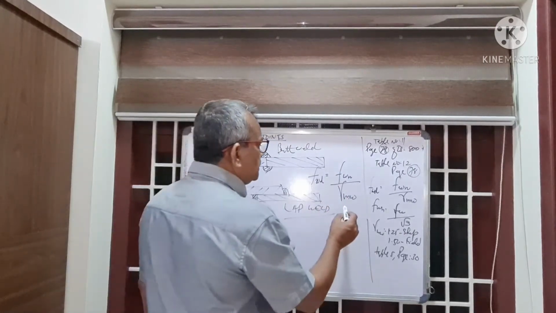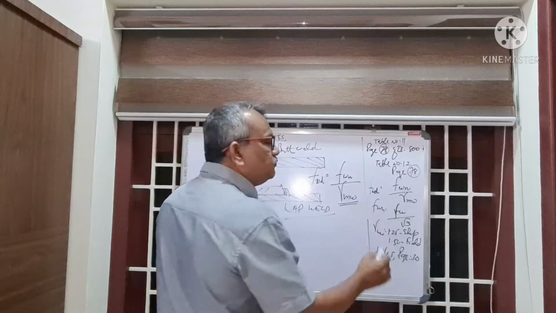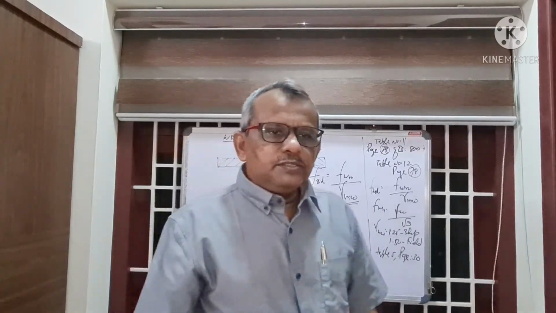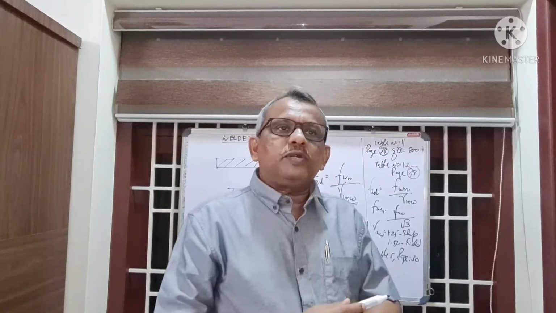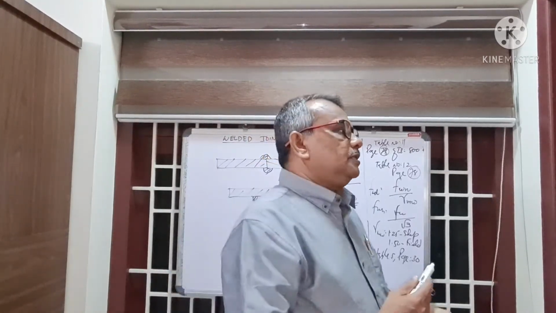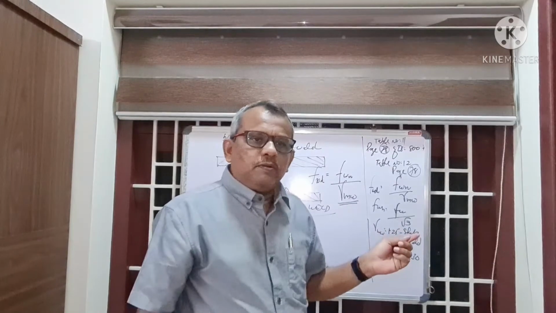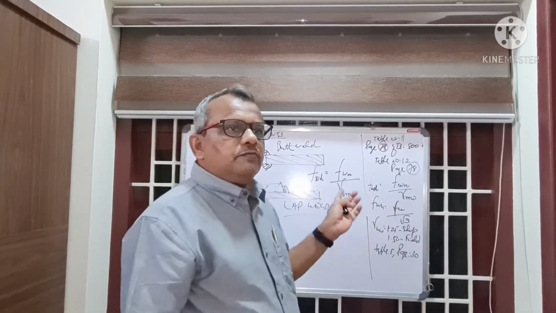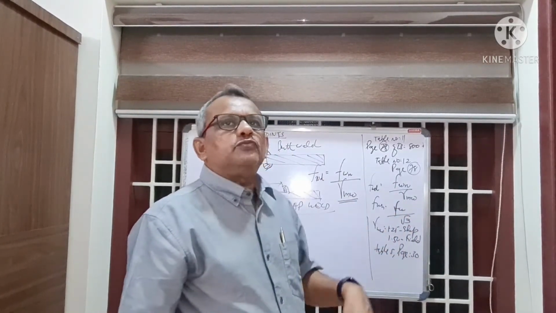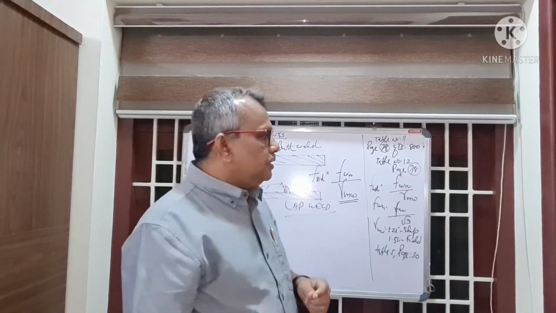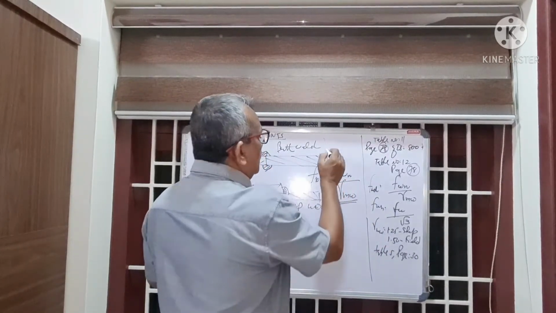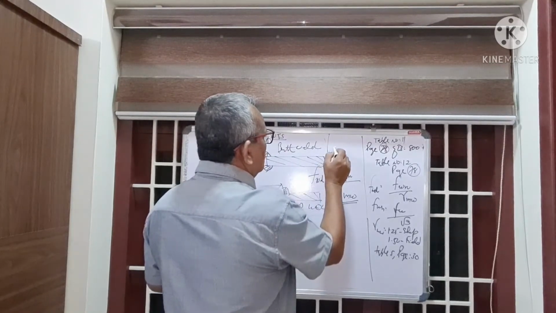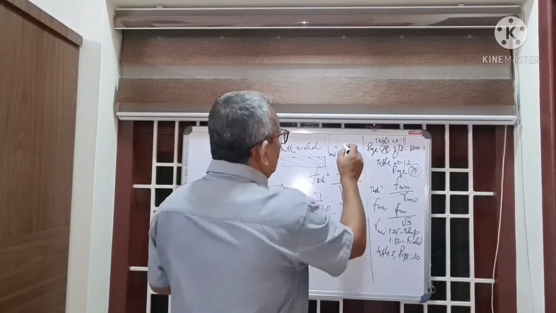So the partial safety factor in the case of welding: in bolting we have already taken the value of 1.5, but here it depends upon whether the job is carried out in the workshop or in the field, right? If it is fabricated in the workshop, then gamma MW will be equal to 1.25.